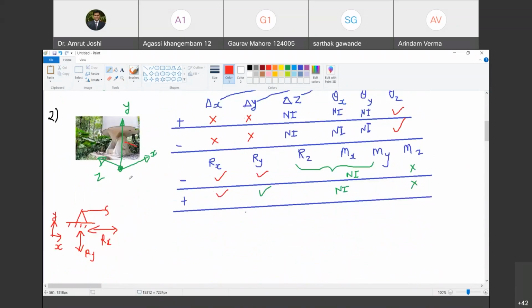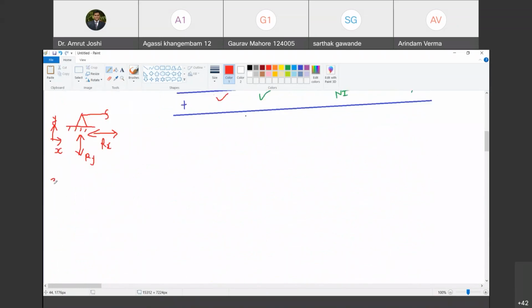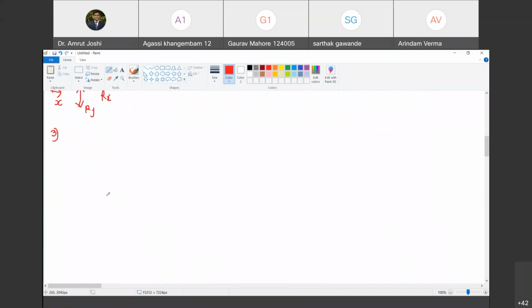Okay. Now let us have a look at third kind of support, which is called as fixed support. Again, I am finding the image on net so that you will be able to understand it. Yes, I got it. So third support is a fixed support.